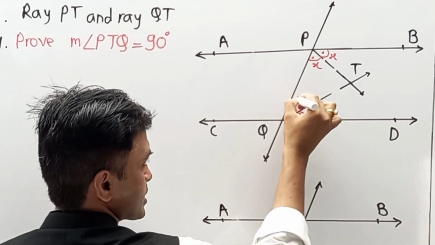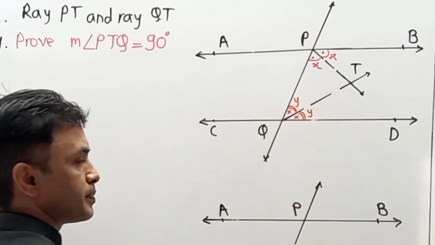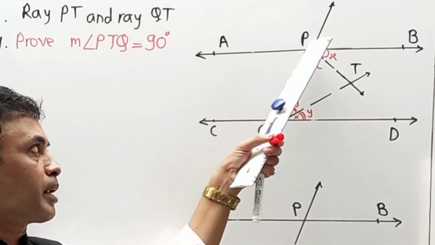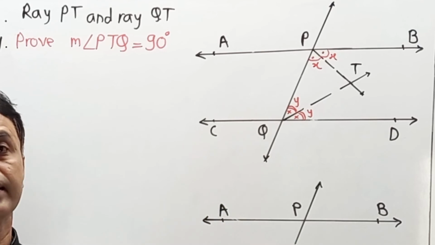I am going to assume it as Y and Y. Now we have to prove that angle PTQ is 90 degree.